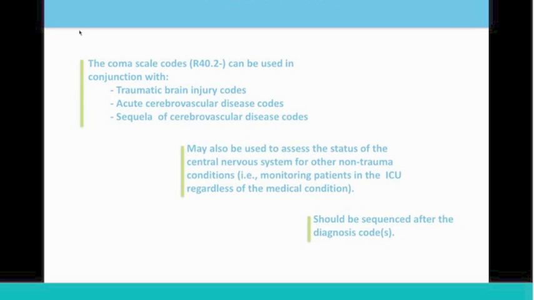The coma scale may also be used to assess the status of the central nervous system for other non-trauma conditions, such as monitoring patients in the ICU, regardless of the medical condition. The coma scale codes should be sequenced after the diagnosis codes.